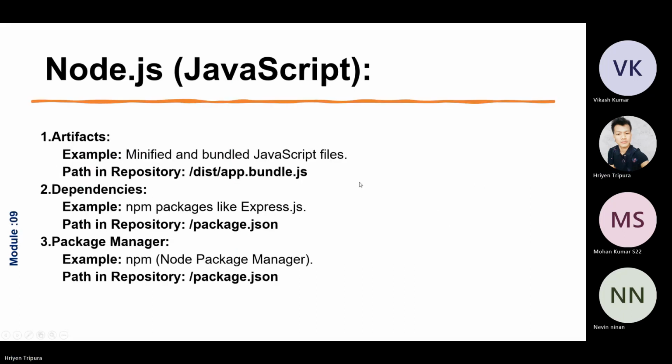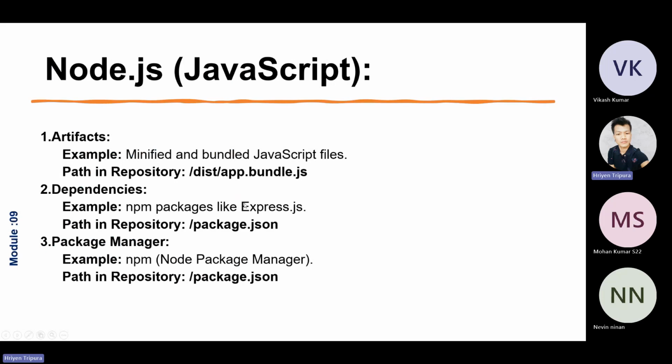Then we have Node.js based applications, right? When you work with a Node.js application, we have minified and bundled JavaScript files. You can have a look at this particular extension. Then the dependency, when we work, is basically the package manager, npm, node package manager.